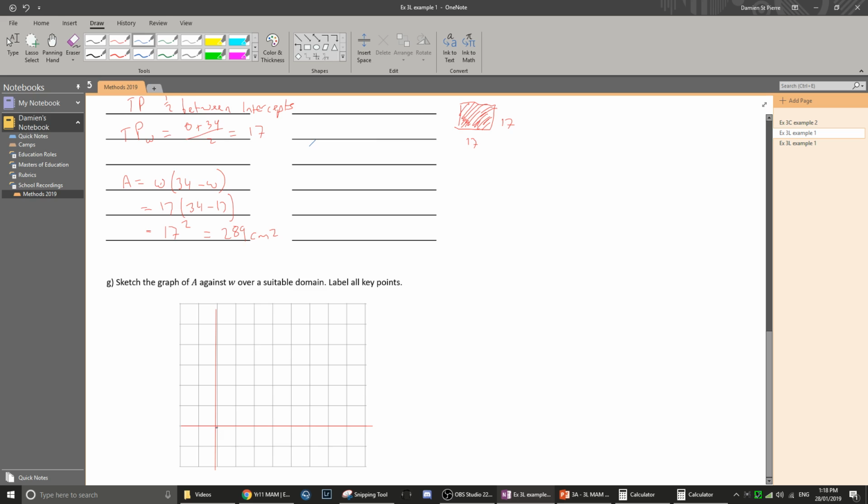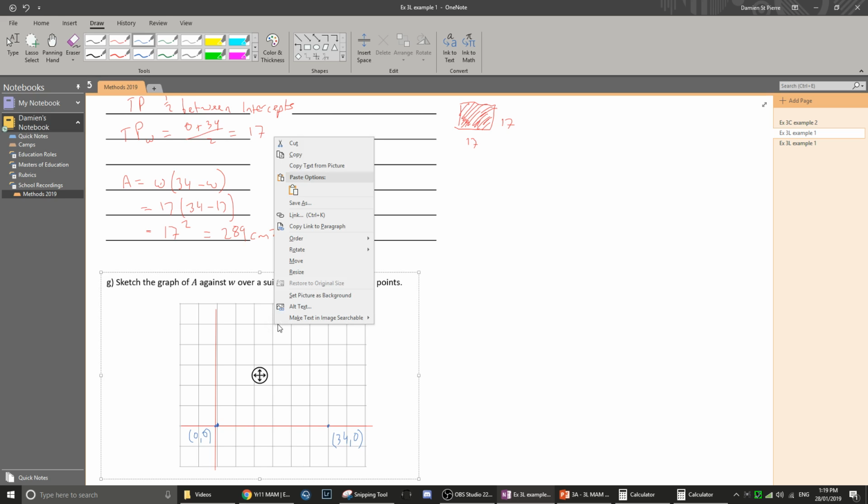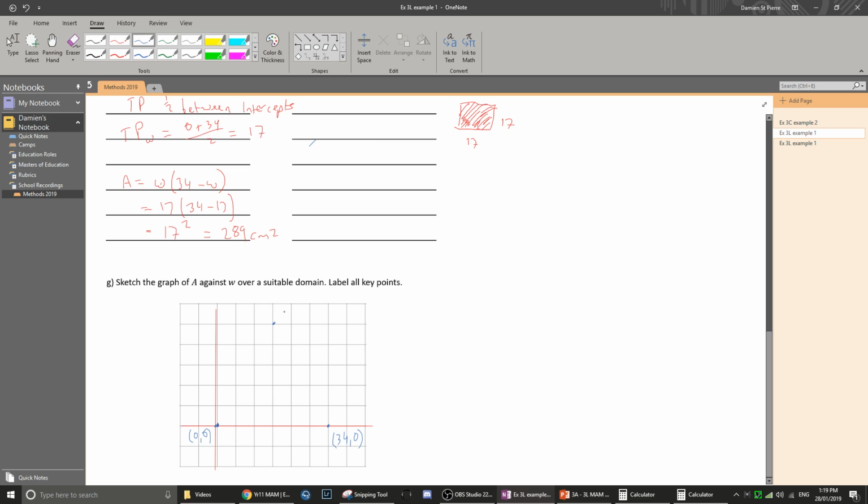So we put in 0, 0, then 34, 0, and our turning point at halfway, which was 17, 289.